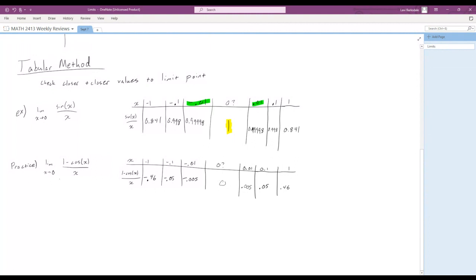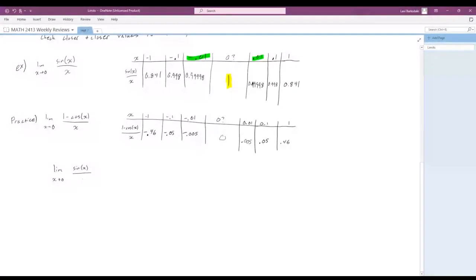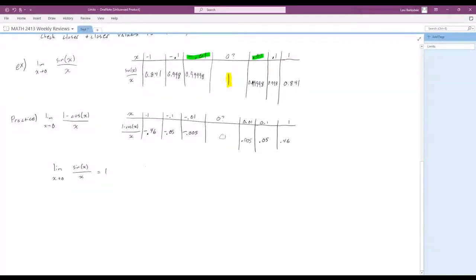So these two limits that I actually showed in the tabular method are two limits you should probably memorize, because it's easier to memorize them and they come up a lot. I'll go ahead and write them down again. Limit as x approaches 0 of sine of x divided by x is equal to 1.